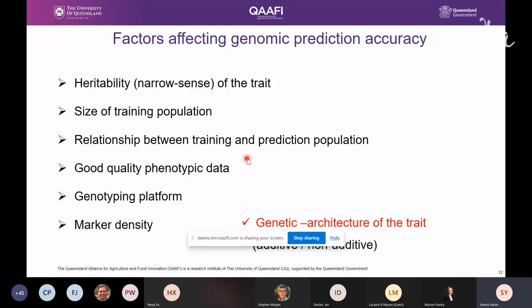Then there is the relationship between the training and prediction populations, good phenotypic data, and the genotyping platform and marker density, which also affect our genomic prediction accuracy. But the most important thing, I would say, is the genetic architecture of the trait, whether the trait is affected only by additive effects or also by non-additive effects.